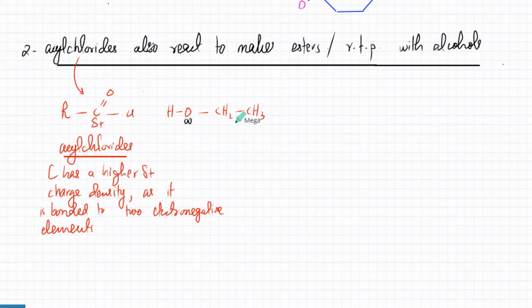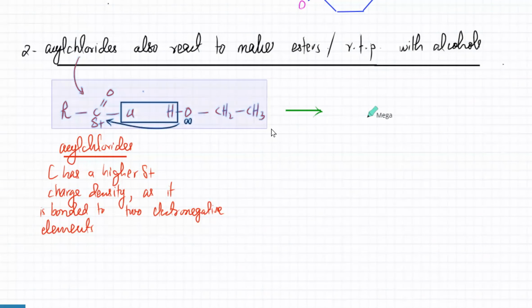Those lone pairs will be attracted to this carbon, which is positive. And as a result, the H and the Cl get knocked out from the middle. The product that you're going to have is going to be an ester.